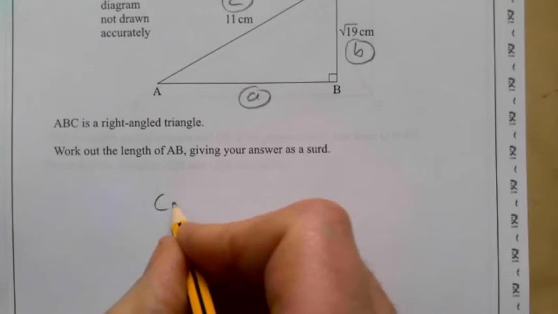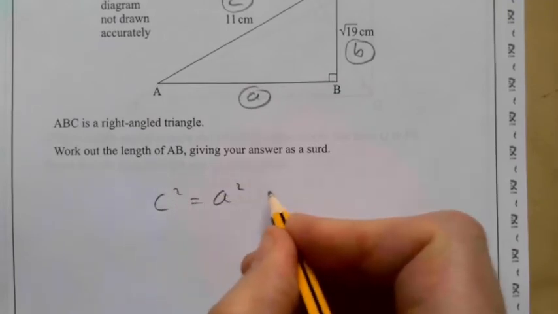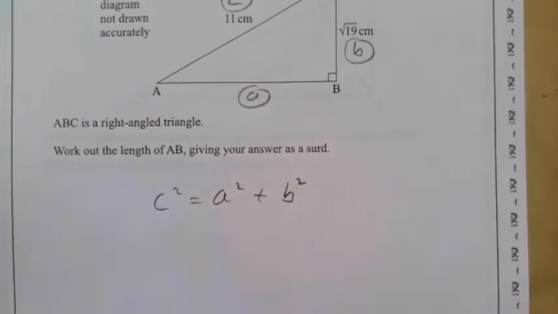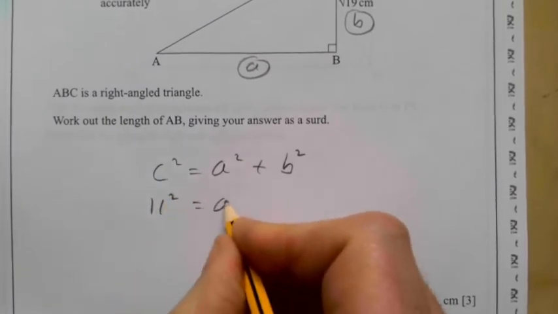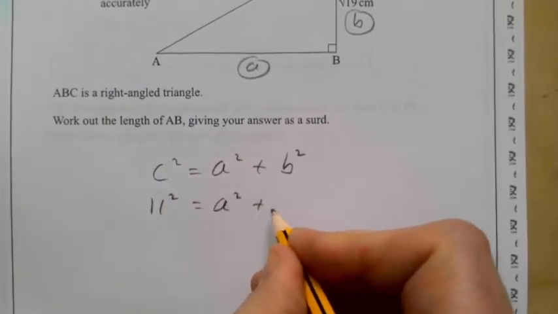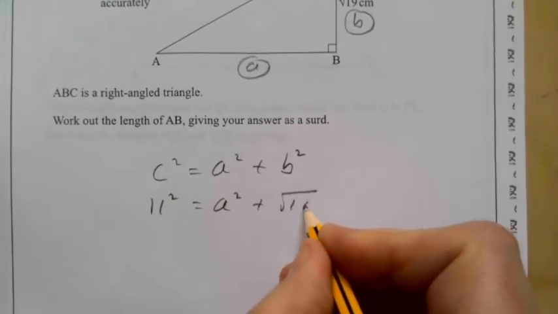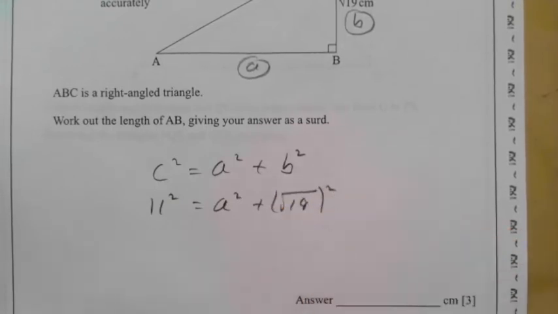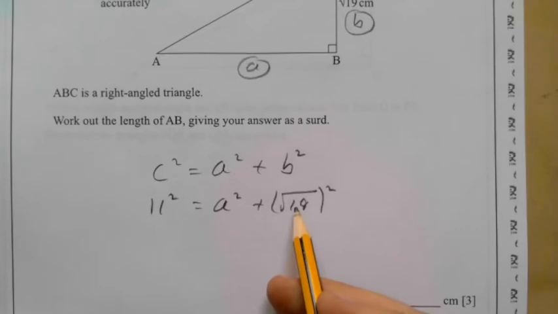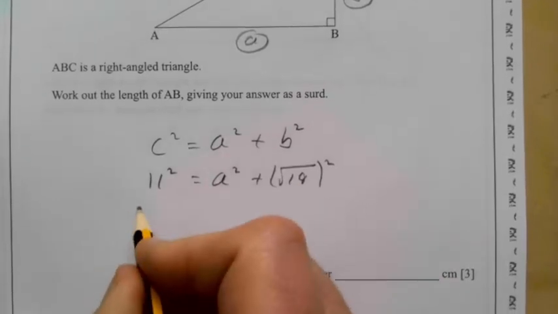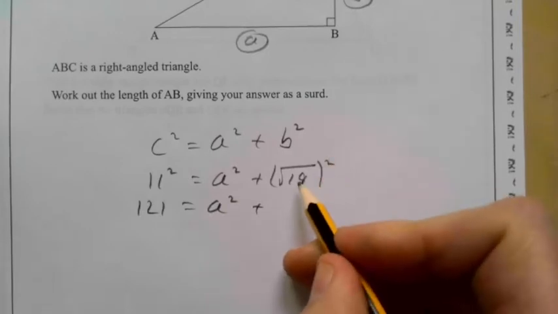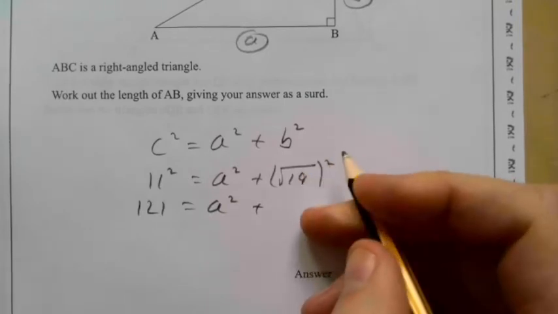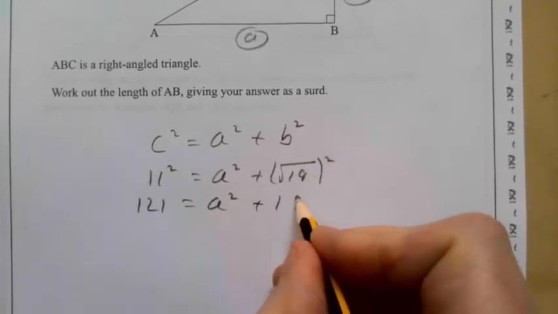So I know C squared equals A squared plus B squared. I know 11 squared equals A squared plus root 19 squared. This is a weird one now because I've said the square root of 19, so we need to think about that. 121 equals A squared plus the square root of 19 squared, which is actually easier for us.